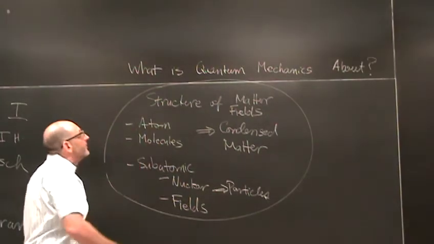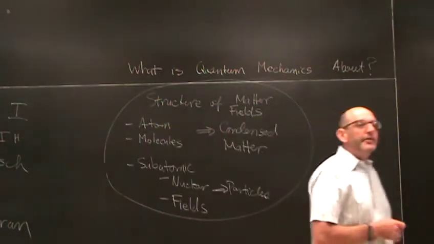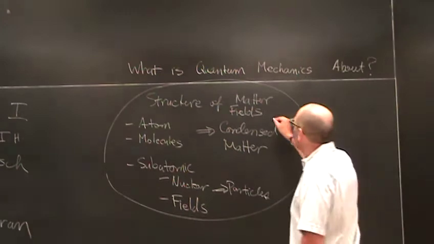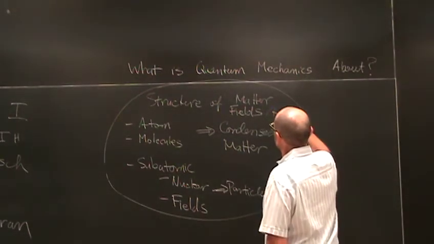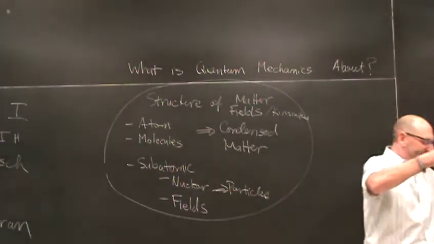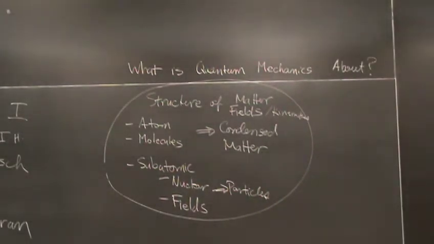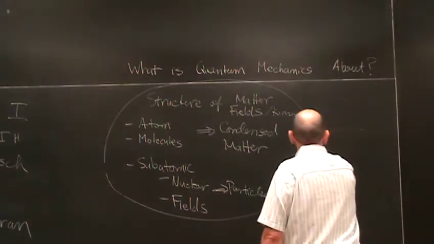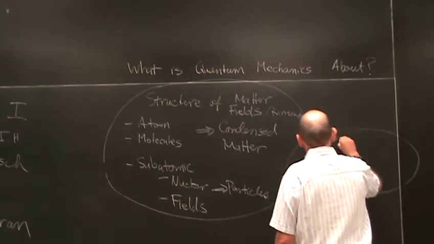Now, of course, the way I describe all of these things, you can think about this really as the kinematics. It says that there is this structure, but it doesn't describe anything about the dynamics.